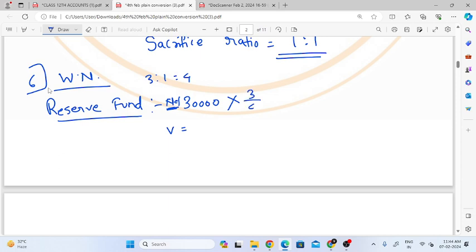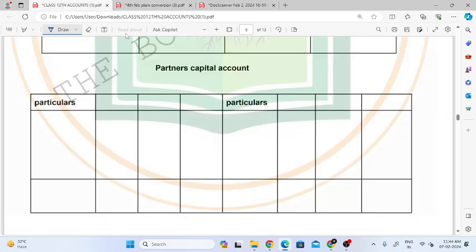So 30,000 multiplied by 3 divided by 4 comes to 22,500. Then again 30,000 multiplied by 1 divided by 4 comes to 7,500.